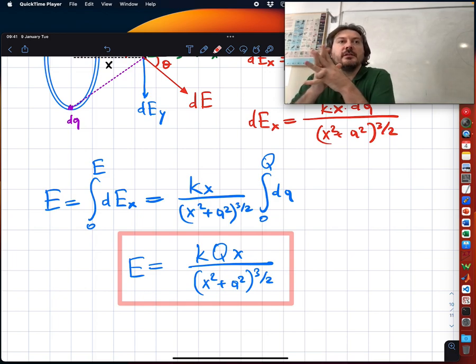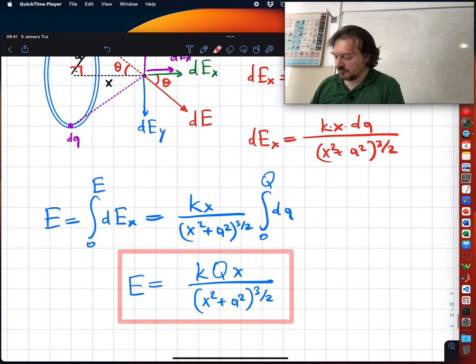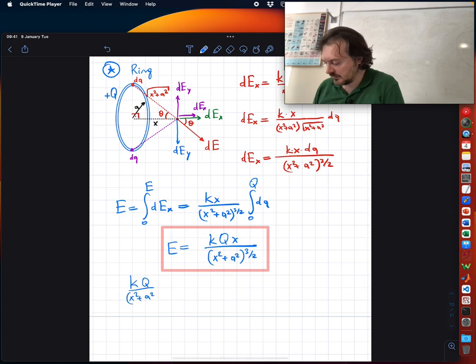As I mentioned, you can get away with this problem without doing an integral. What you can simply do is say, okay, every charge is the same distance, so I will just go ahead and write kq over x squared plus a squared.